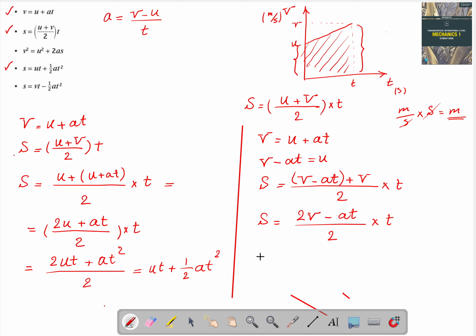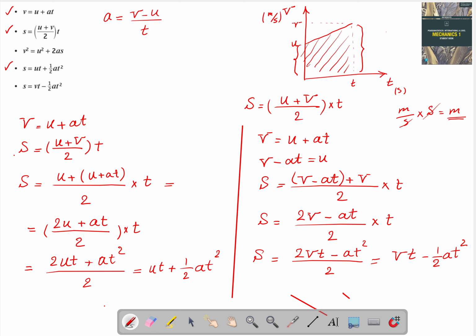Okay, again, S equals 2vt minus at power 2 divided by 2. So you can write that 2 will be cancelled by 2. It is vt minus 1 over 2 at power 2.